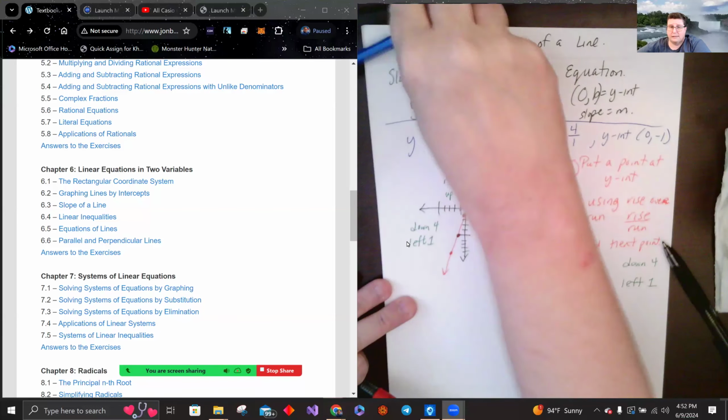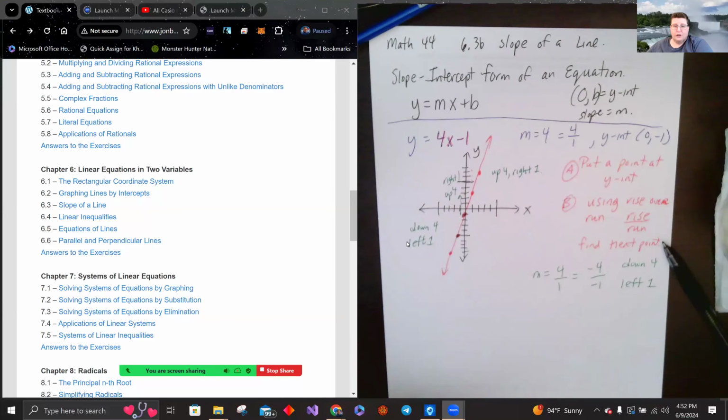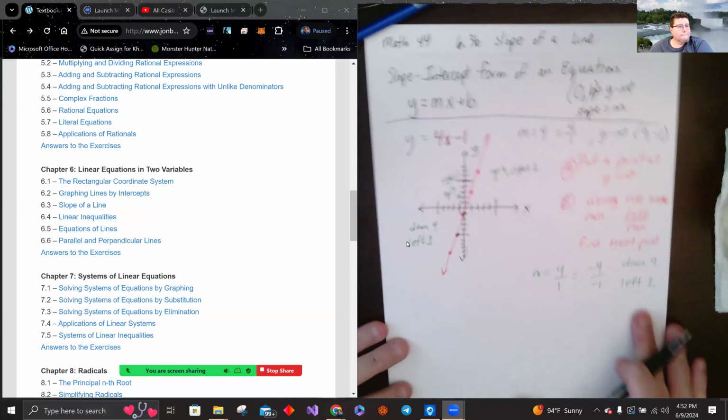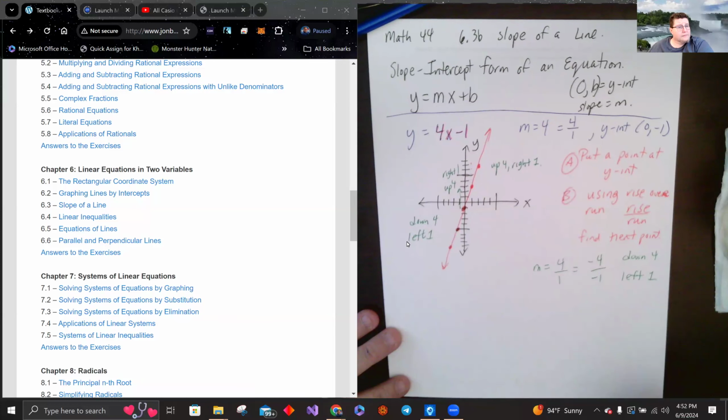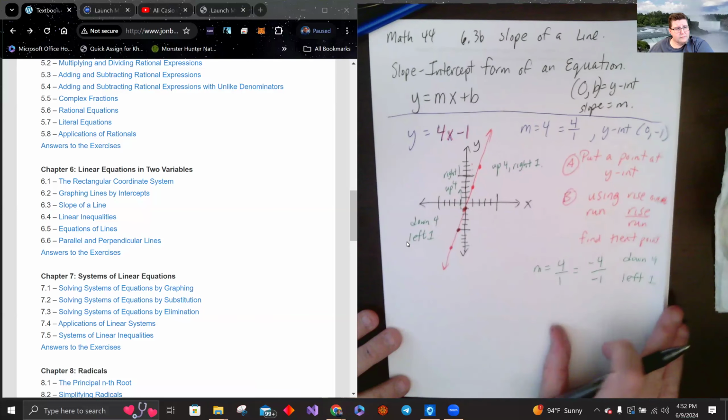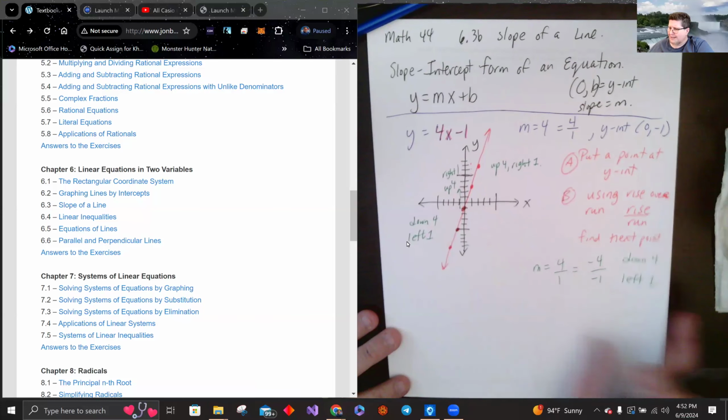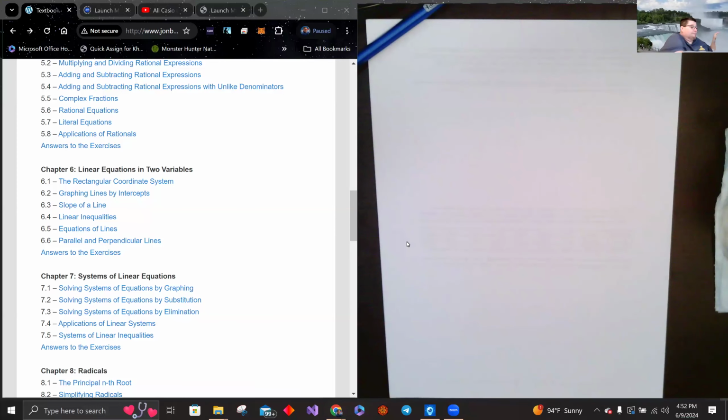All right. Let's take a look at another example. Let's start with one that is not in the slope-intercept form.